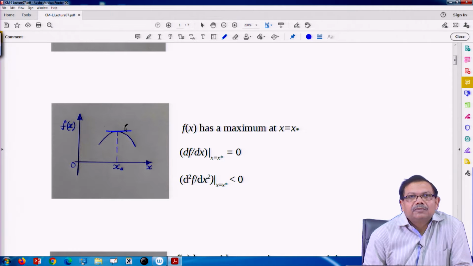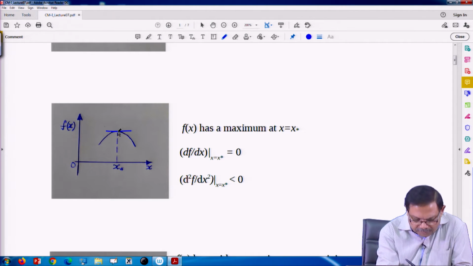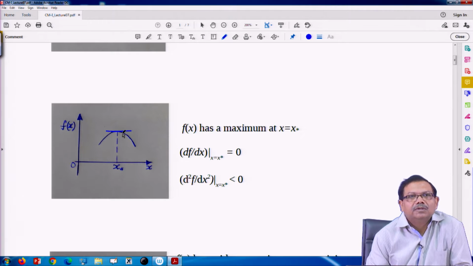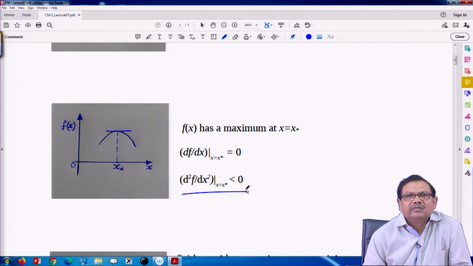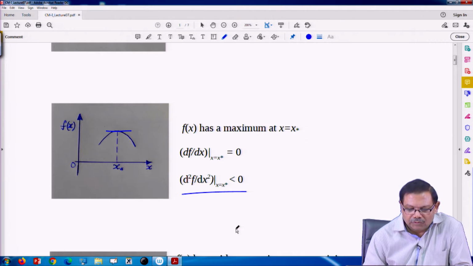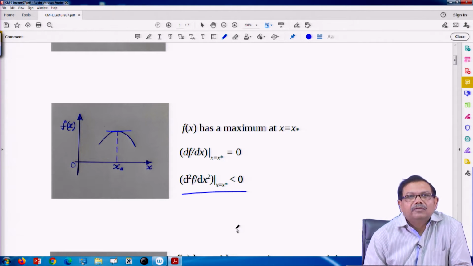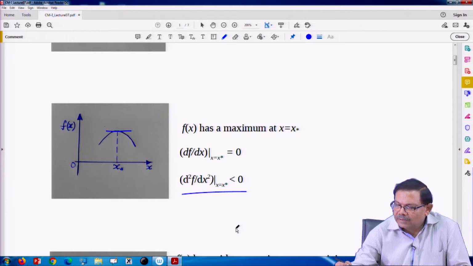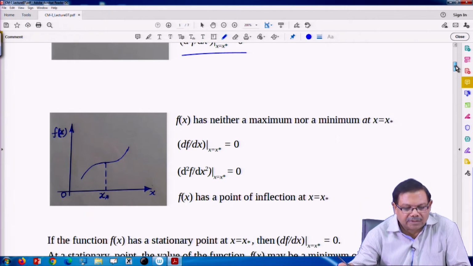However, the curvature is negative, the rate of change of slope is negative. So, the second derivative of this function is negative. If these things are given, we can infer this function of x has a maximum at some given point, here x equal to x star.